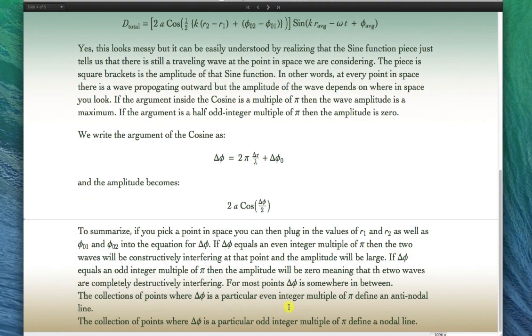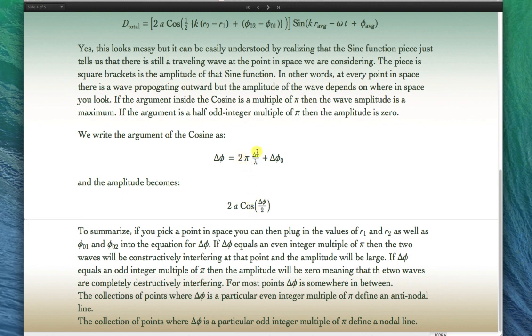So remember that what we want to do then is think about different points in space. If we are assuming that the sources are in phase, delta phi 0 is 0, then when we look at one point in space, we calculate what delta r is. And we plug it into here, and we get some number for delta phi.